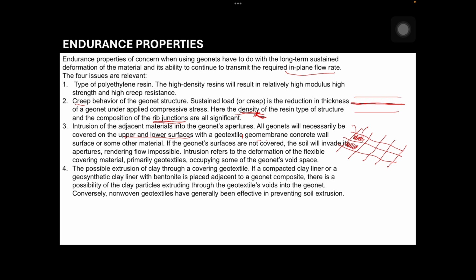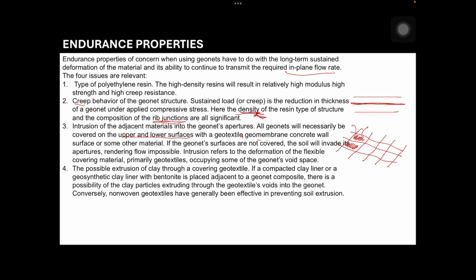So, number 4, the possible extrusion of clay through a covering geotextile. If a compacted clay liner or a geosynthetic clay liner with bentonite is placed adjacent to a geonet composite, there is a possibility of the clay particles extruding through the geotextile's voids into the geonet.